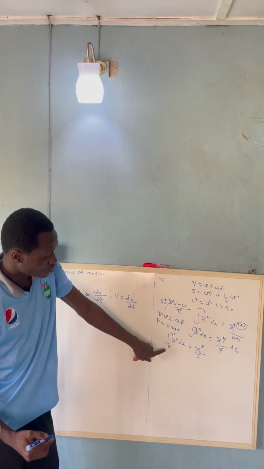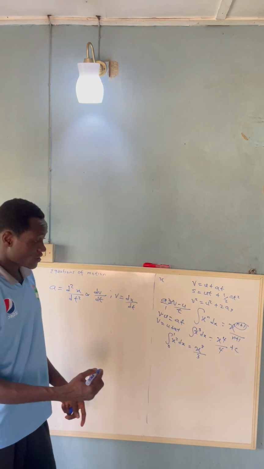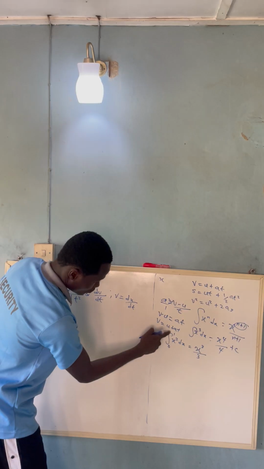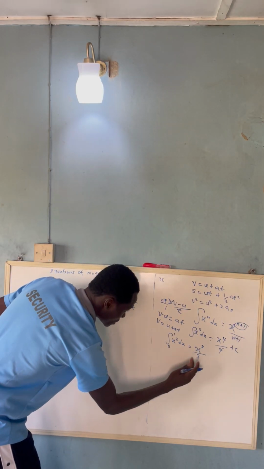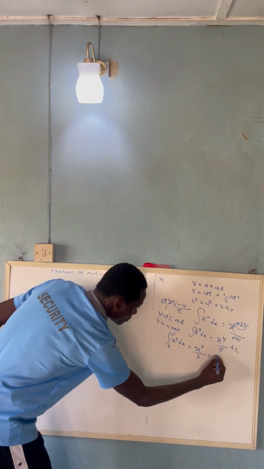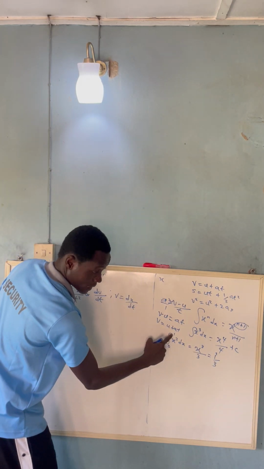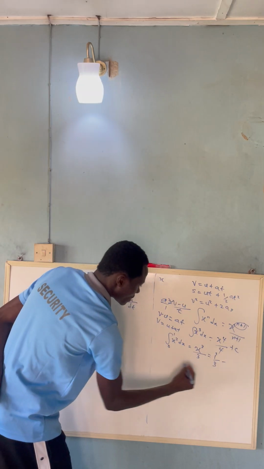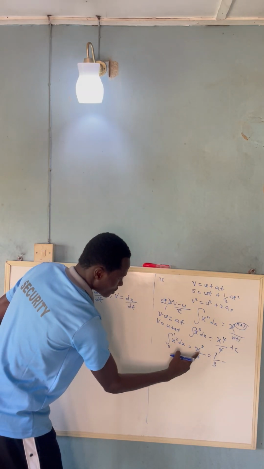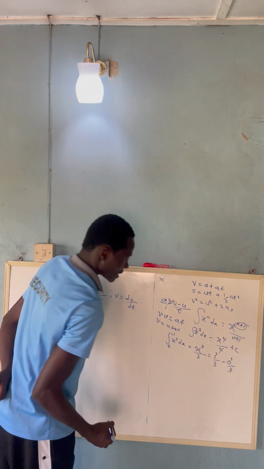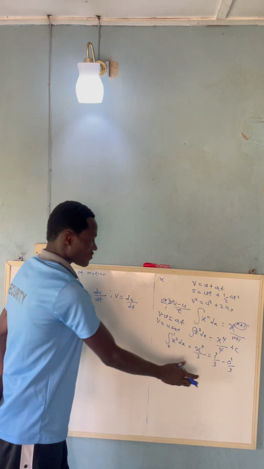I will also plug in the lower value, which is 0, for x. I will subtract both of them. Anywhere I see x, I'll put 1 there, so I get 1³/3. Then minus, I also turn x to 0, so I have 0³/3. Like that, I will get my answer.